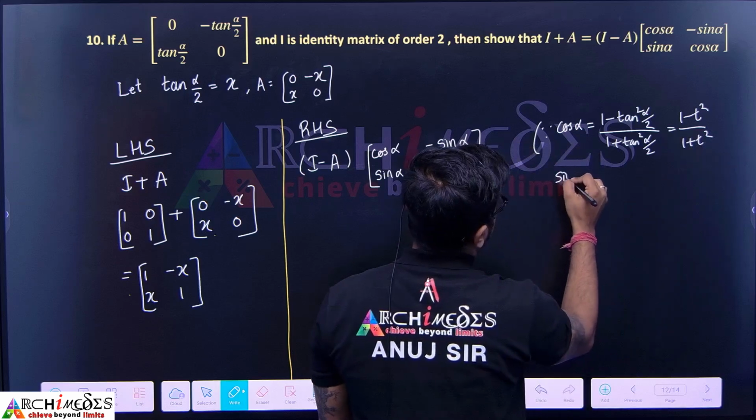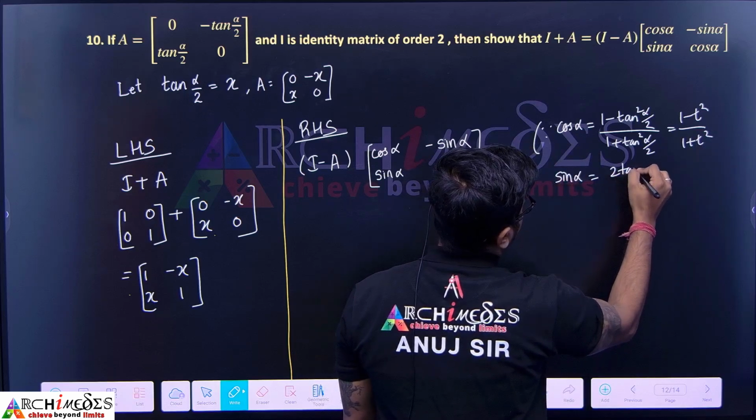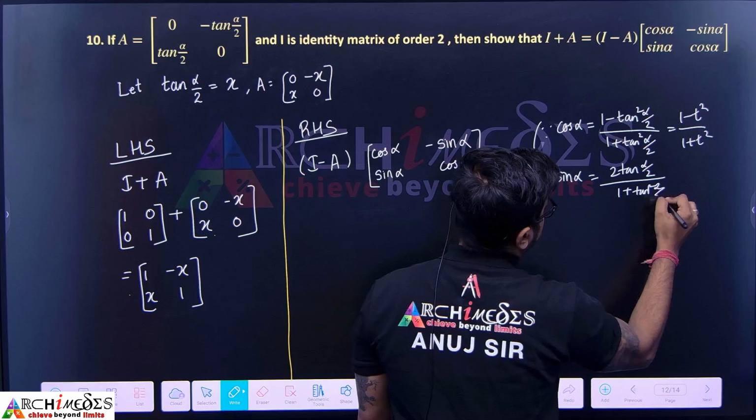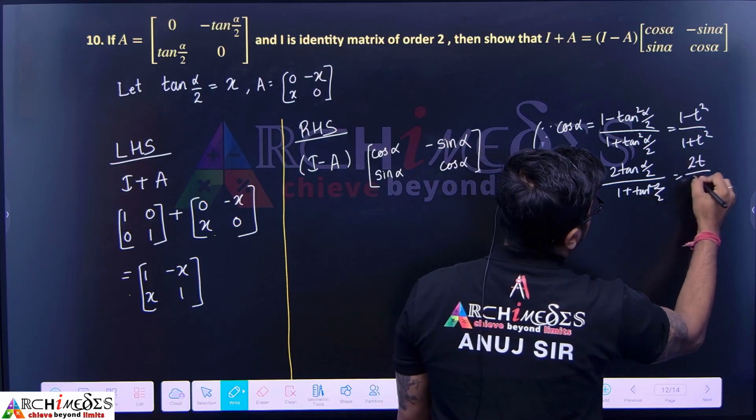Similarly, sin alpha is 2 tan alpha by 2 over 1 plus tan square alpha by 2, so that is 2t by 1 plus t square.